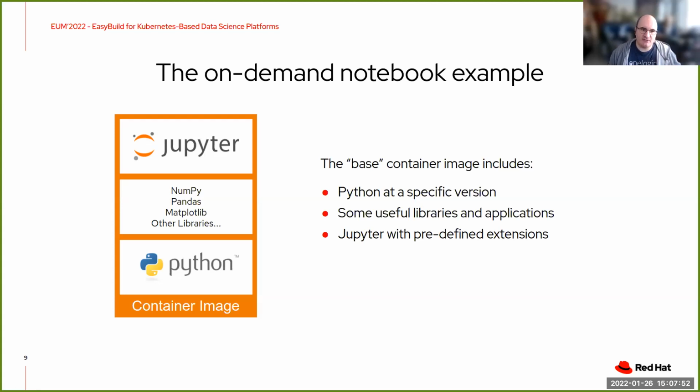You have people installing Jupyter libraries and applications directly on their computers, and then they find themselves unable to share code, to share data and whatever, because they don't use exactly the same version of this or that. They don't do this in the same way. So the container approach with an on-demand thing is a great way to make sure that everyone's using the same version, which is really, really important for reproducibility and security, especially in an enterprise environment where you are running things into production. Of course, it has to be the same thing every time.